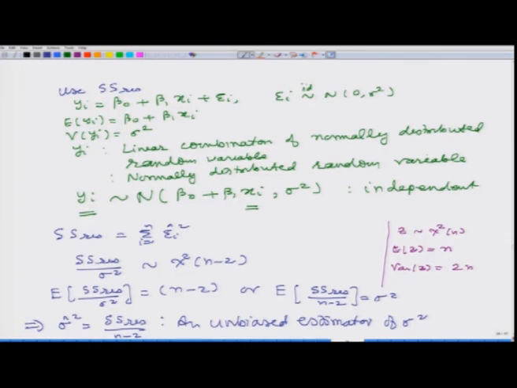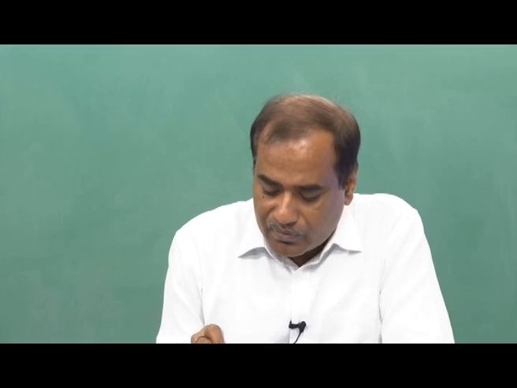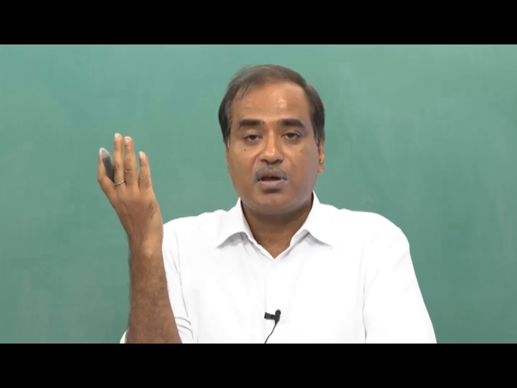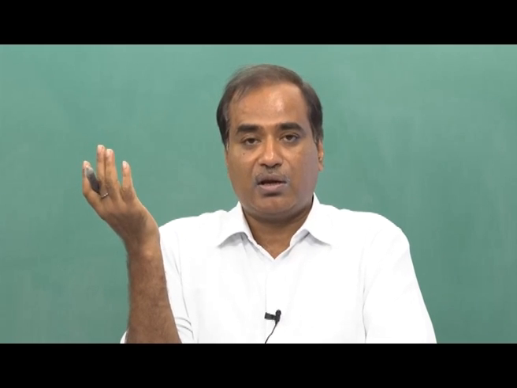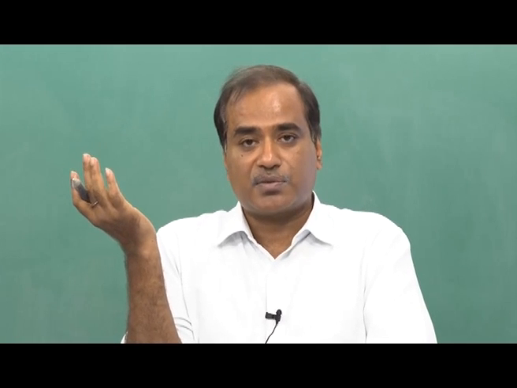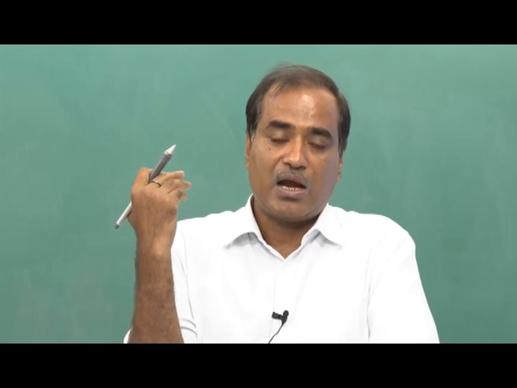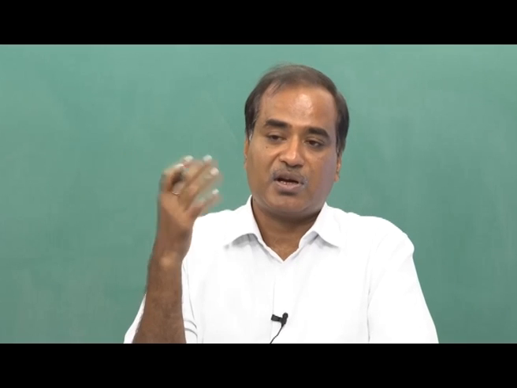Right. Now, if you observe what we have done, we started with the model yi equal to beta 0 plus beta 1 xi plus epsilon i, and based on that we have 3 parameters, beta 0, beta 1 and sigma square. All of them were unknown to us. What did we do? We collected a sample of data with n observations, x1, y1, x2, y2, up to xn, yn.